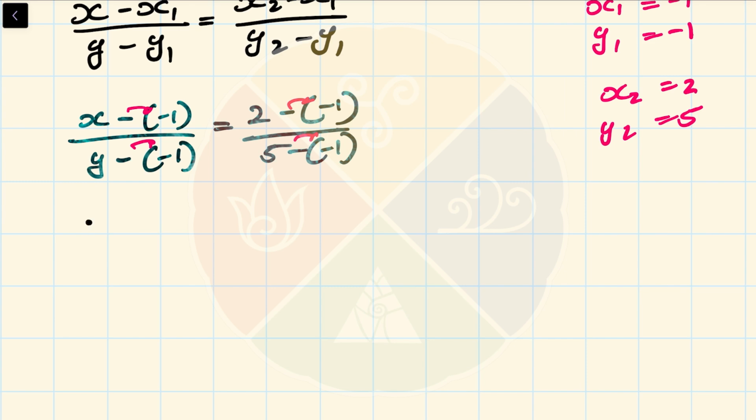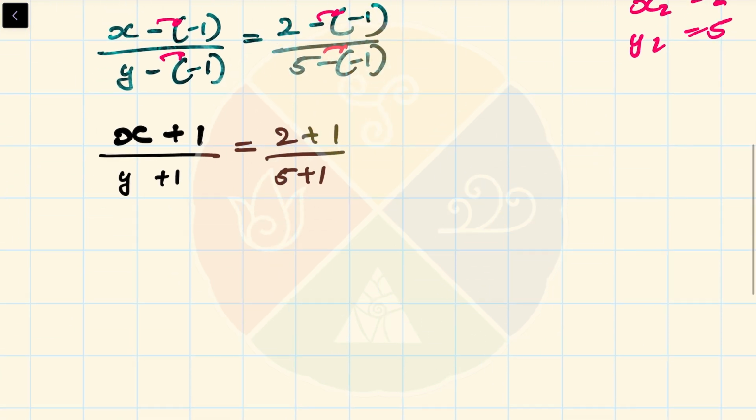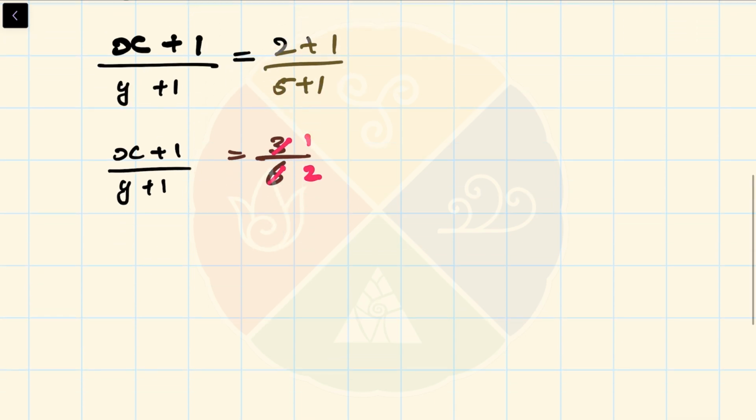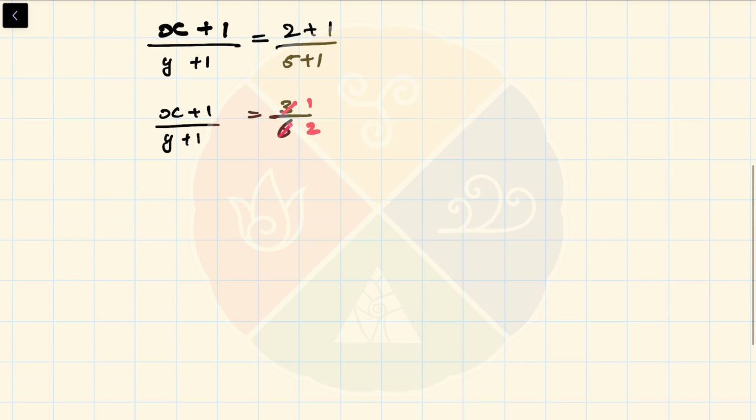So you are going to get x plus 1 by y plus 1 is equal to 2 plus 1 by 5 plus 1, and that is x plus 1 by y plus 1 is equal to 3 by 6. You can even simplify this. Divide both sides by 3, you will get 1 by 2. You can cross multiply if needed, let's do it anyway.